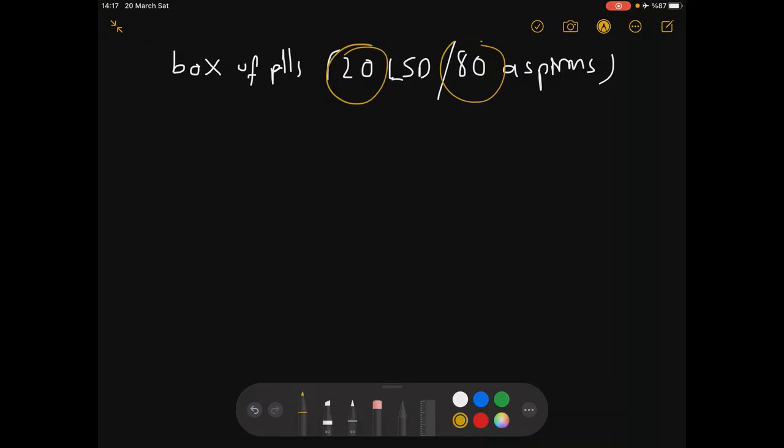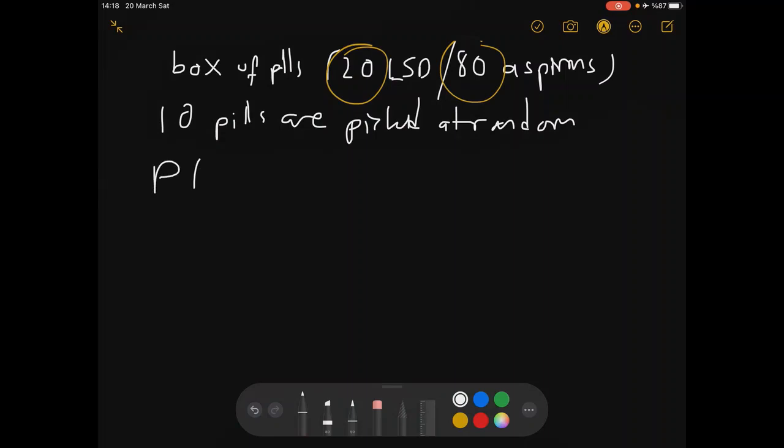And you assume that 10 pills are picked at random from that box. What is the probability that half of them are LSD, for example? Okay, so you're curious about this.